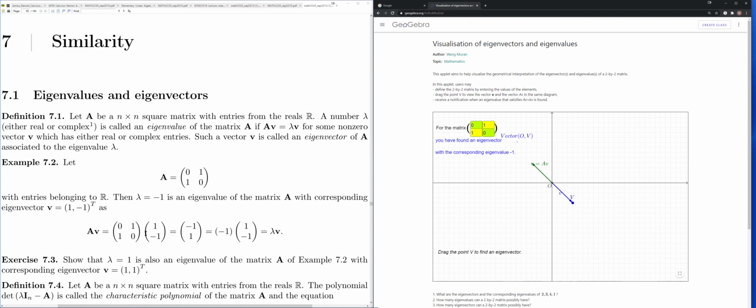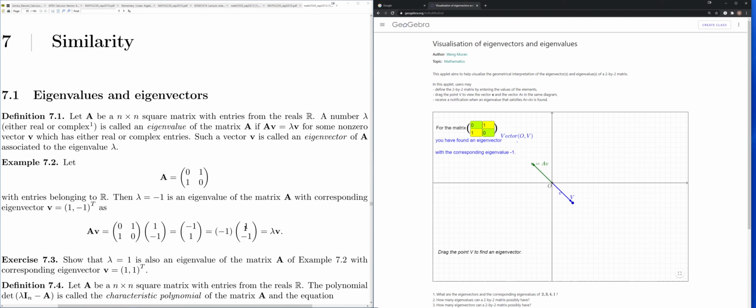If I do this matrix multiplication, I get -1 for the x component and 1 for the y component. So what I get isn't the same as (1, -1), but it is the same up to a scalar multiple. Notice that (-1, 1) is equal to (1, -1) times -1. So A times v, with v equal to (1, -1), equals -1 times the original v.